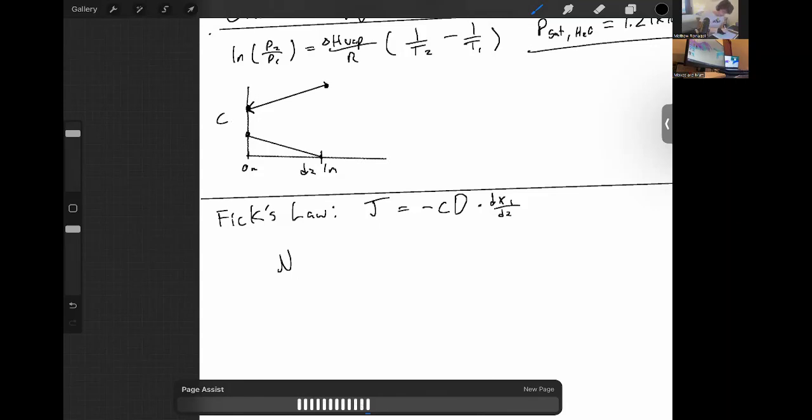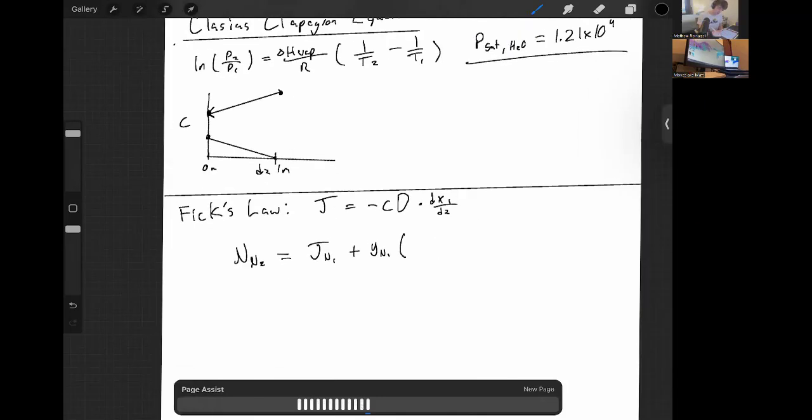We have the net molar flux of nitrogen equals this molar flux of nitrogen. And then this is going to be plus the molar fraction, let's make this Y because it's a gas molar fraction, plus the molar fraction of nitrogen of the total molar flux.